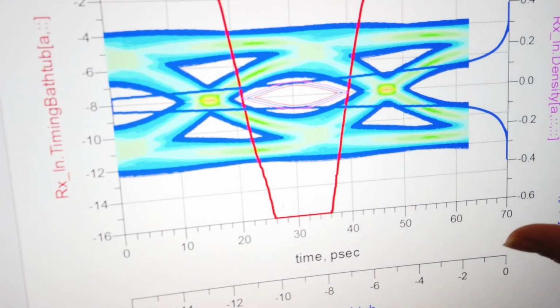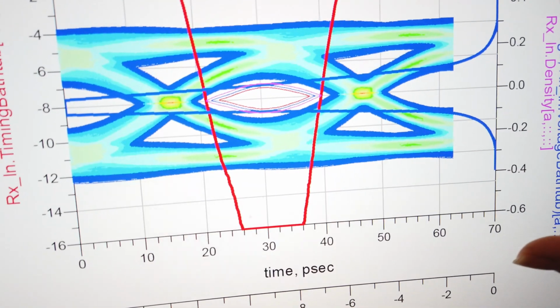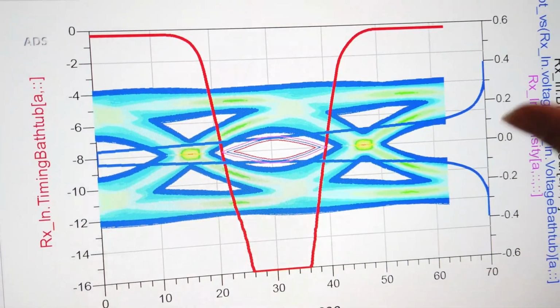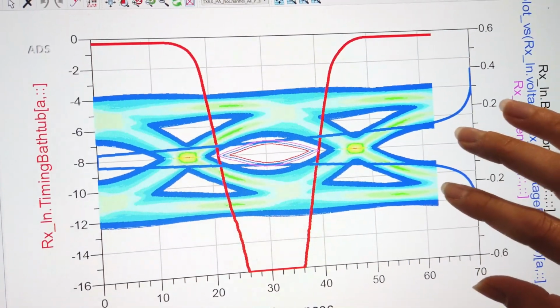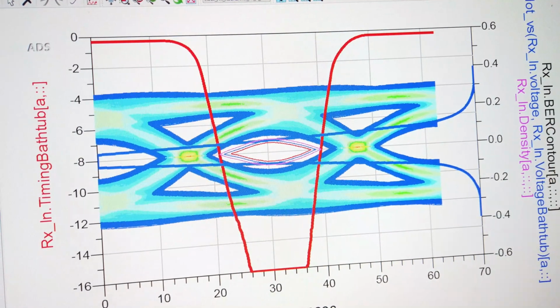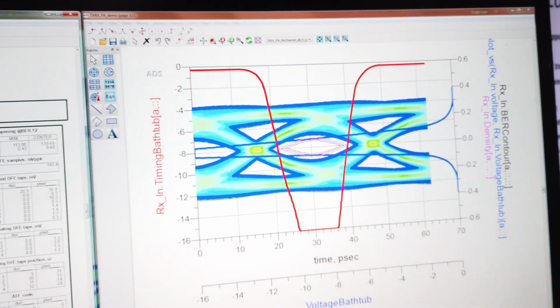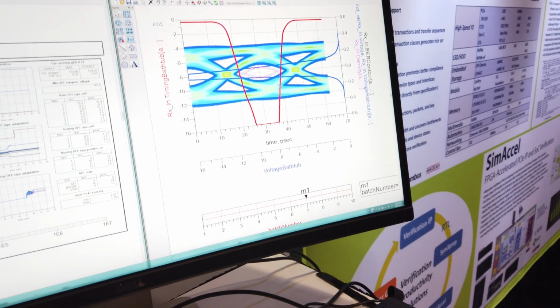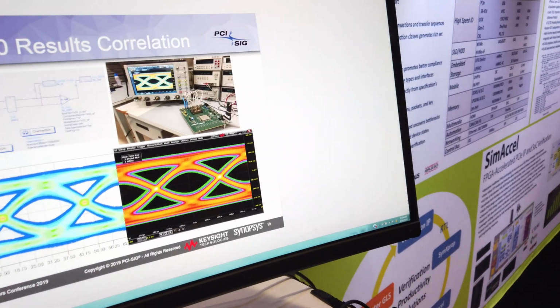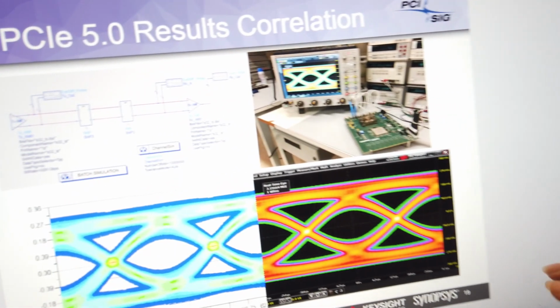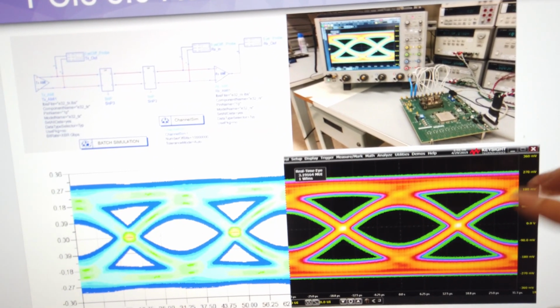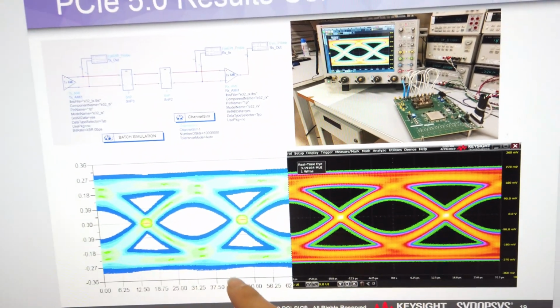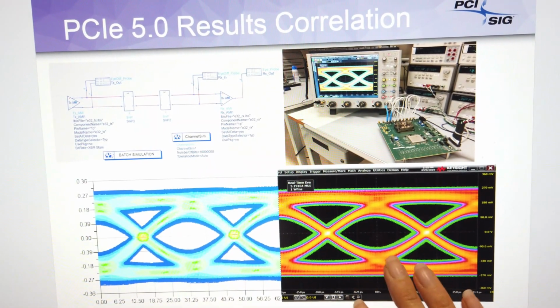What we also did using Keysight ADS was we simulated the transmitter for transmitter tests, and this is one eye that we got. You can look at the eye shape in addition to the contours and also the BER bathtub curves. And what we also did was then we put this together to take a look, and what we saw is that we see close correlation between simulated results and also measurement.